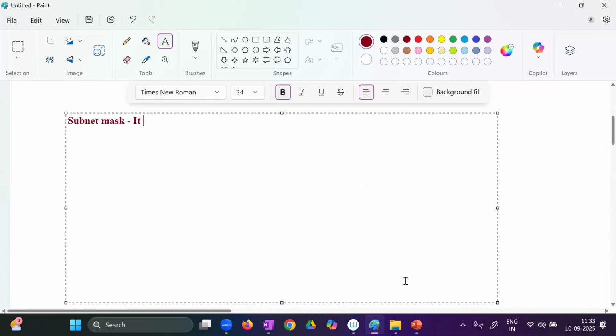It is used to identify the network and host part of the IP address. Subnet mask is a number that is used to identify the network and the host part of the IP address.